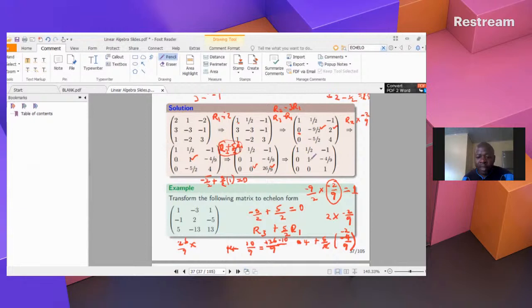Once you've made it 1, use it to create a 0 below it. And that process continues until you have a matrix where the leading entry is 1, then we have 0 below it, then another leading entry, 0 below it, and so on. Let's look at another, very easy example.